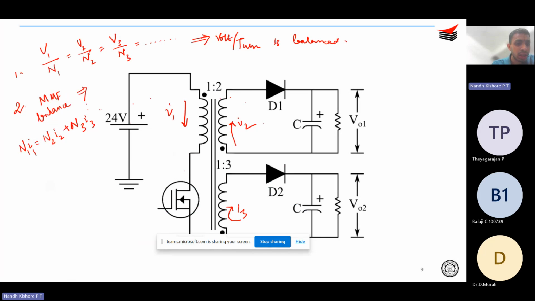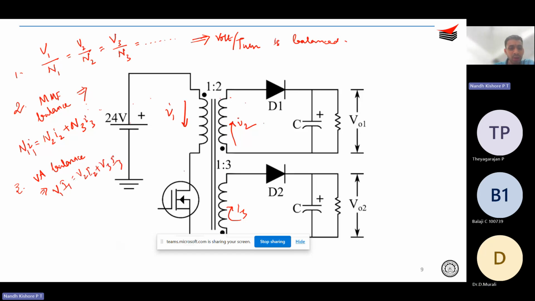Now, one more thing that you would know is obviously the volt ampere balance. Or let me tell, V1 I1 should be equal to what? V2 I2 plus V3 I3.